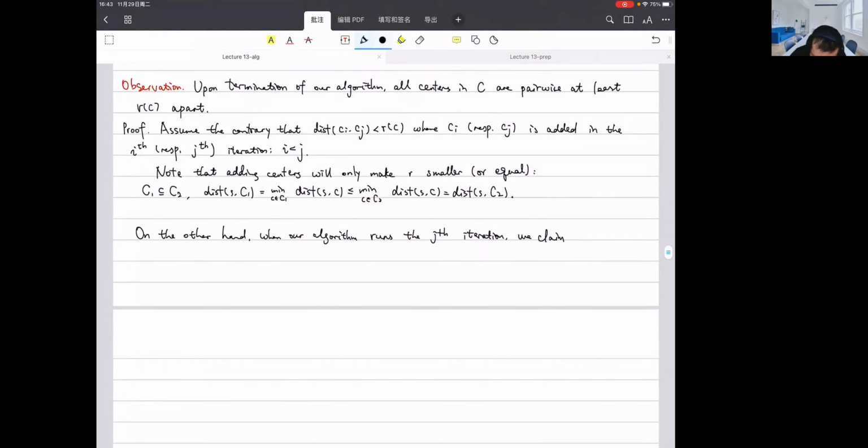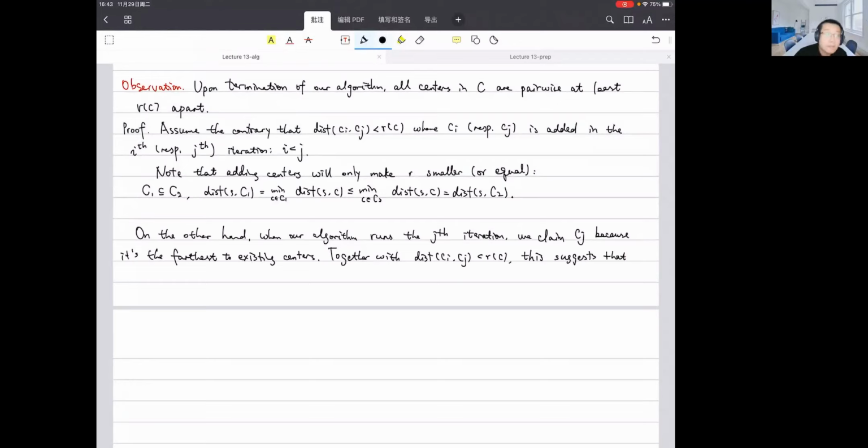In particular, we claim Cj is the farthest from the existing centers. So together with the distance between Ci and Cj being smaller than RC, this suggests that R is already smaller than RC.